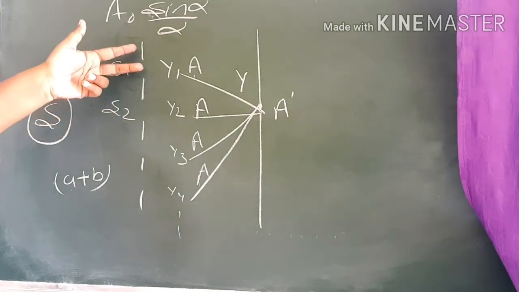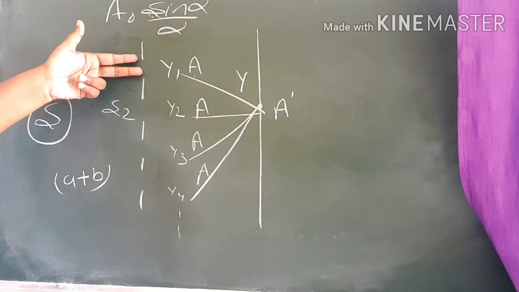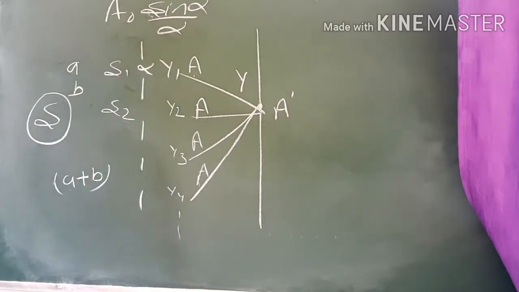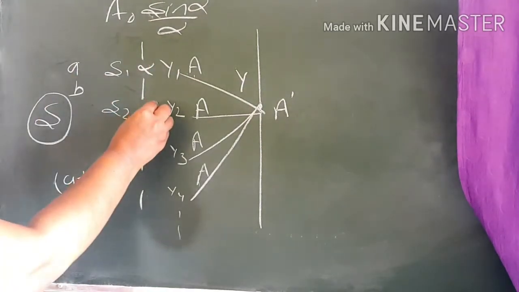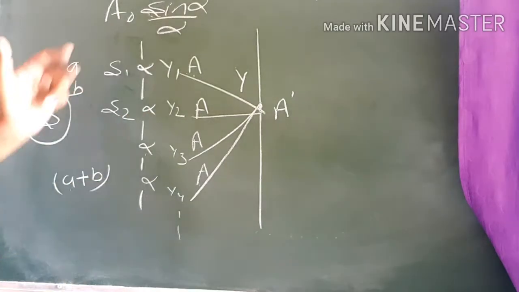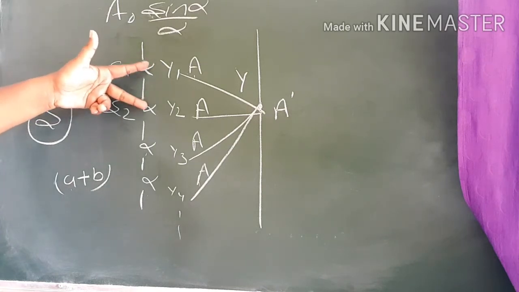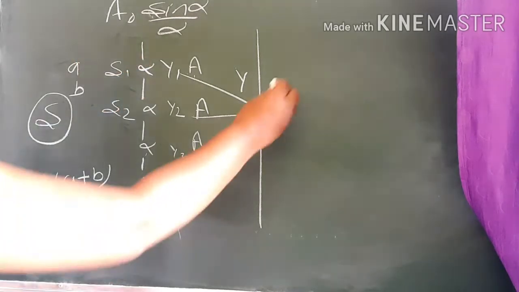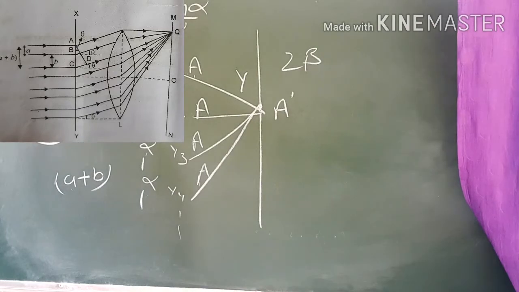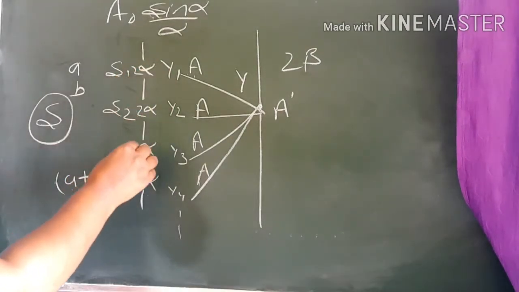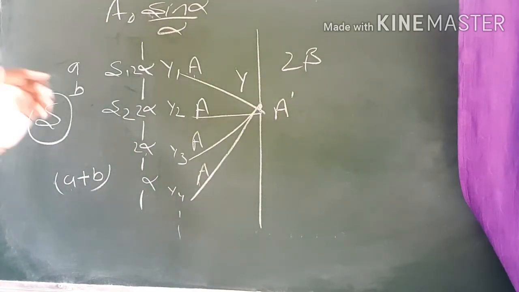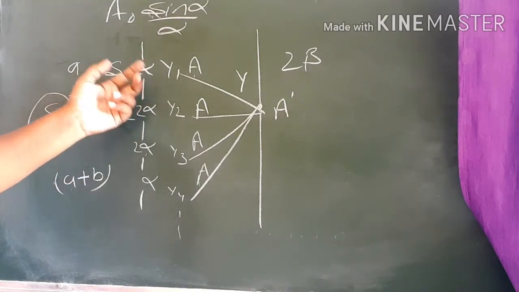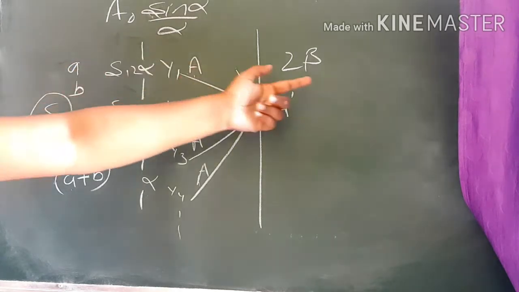The phase difference due to single slit was 2 alpha, and the phase difference between the rays from two consecutive slits was 2 beta.